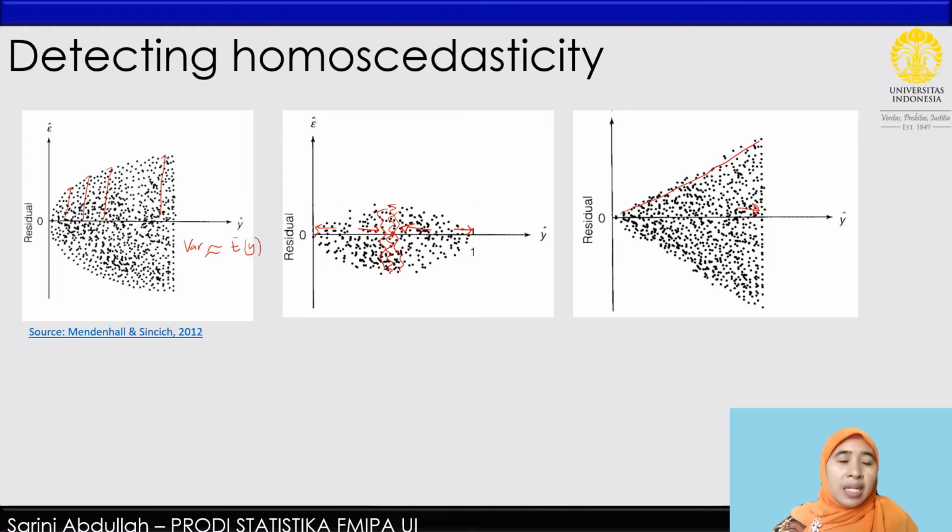But the difference from the first one is that the increment in here is kind of multiplicative. So we might suspect that instead of having an additive model for this kind of result, we should propose a multiplicative model.